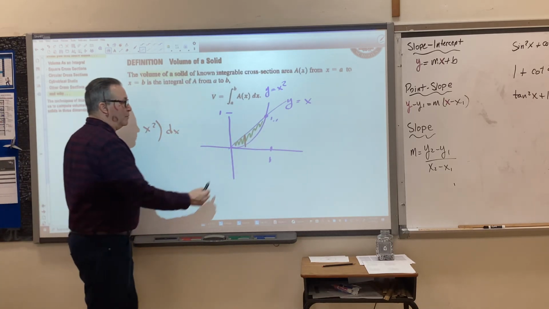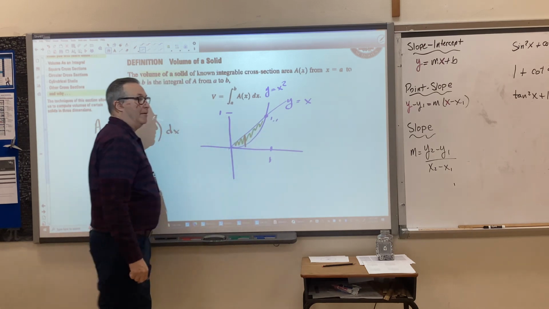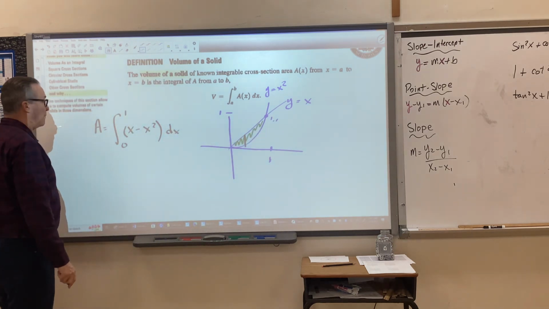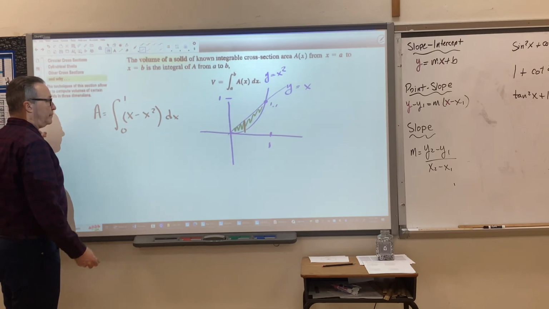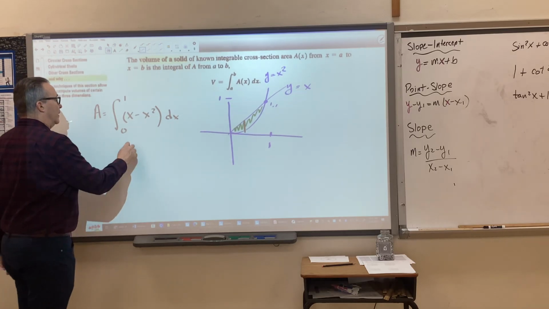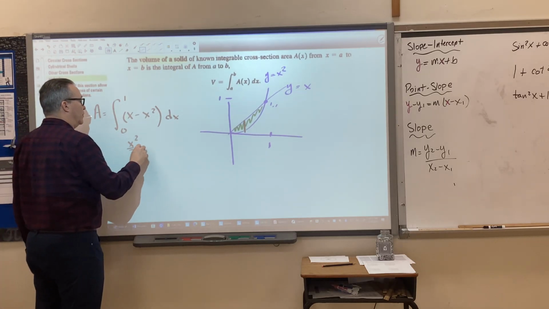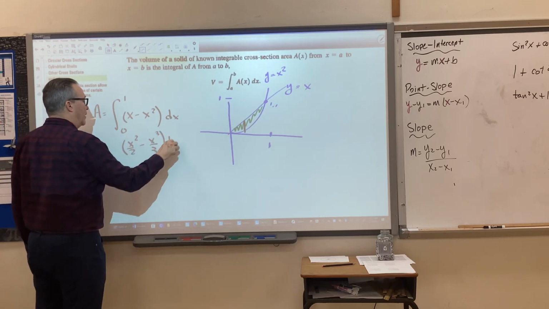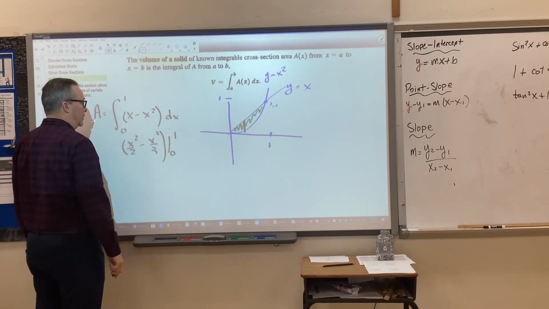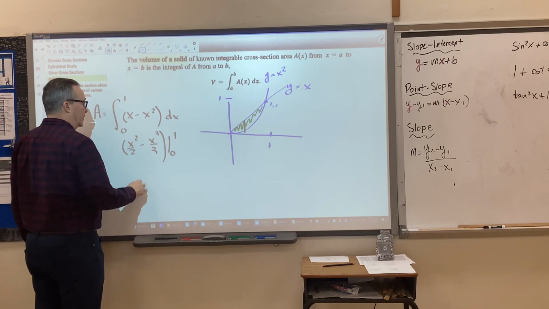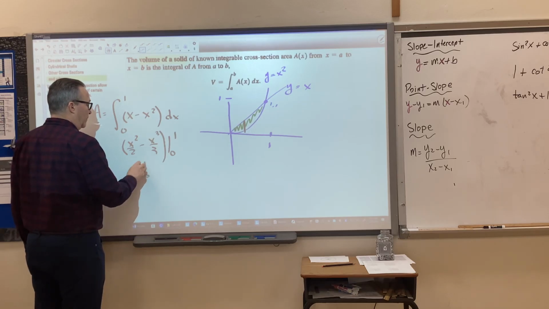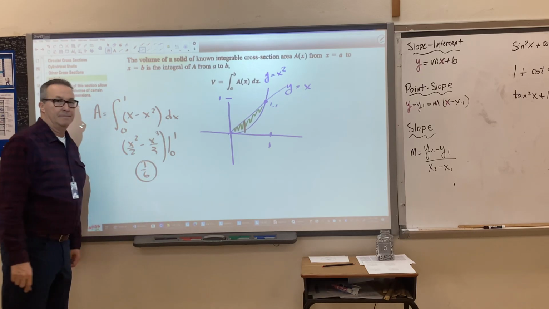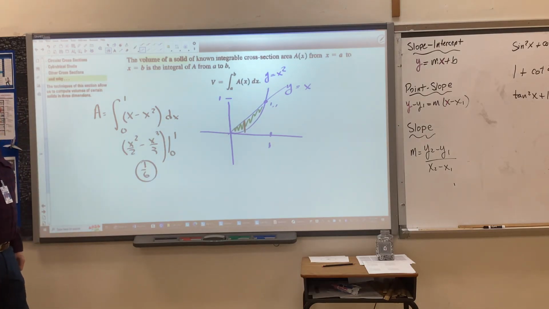So this rectangle moves side to side to get that total area. And we get x squared over 2 minus x to the third over 3. 0 to 1 is 1/2 minus 1/3, which is 1/6. And there's the area.